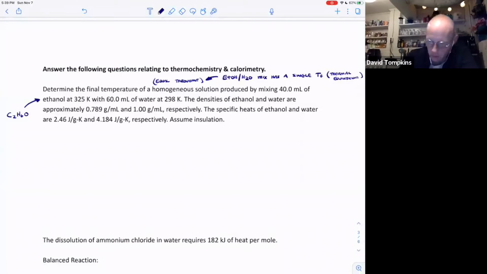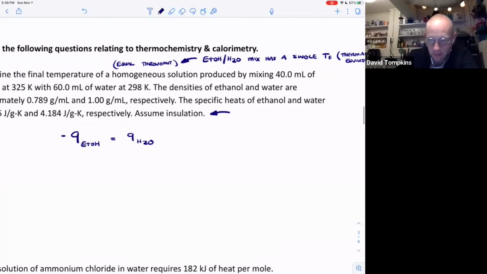And heat is going to be released from ethanol because ethanol is at a higher temperature. So we can say that the heat released, or negative Q of ethanol, is equal to positive Q of water, because we're assuming insulation, or 100% of the heat is successfully transferred from ethanol to water without losing any to the surroundings.